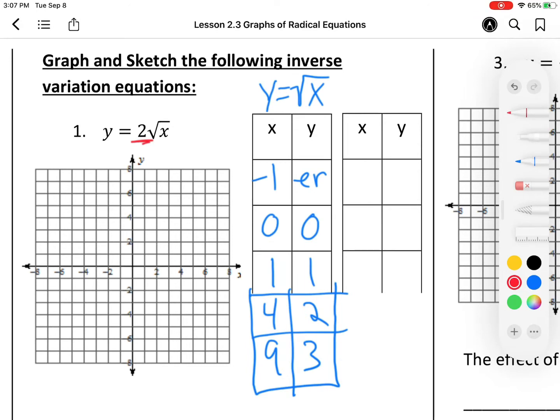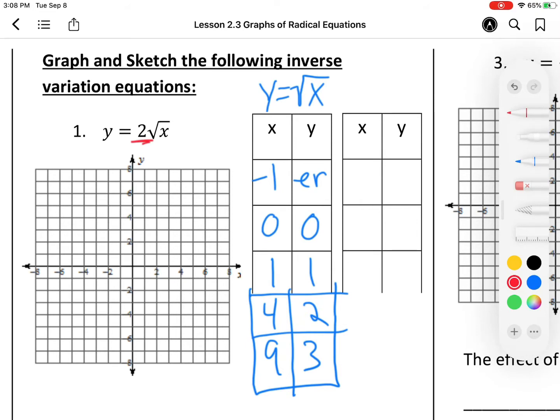Well, if we have a 2 on the outside, are we affecting the x's or the y's? Think about the saying from our transformation lesson from last unit. If we're on the inside, we're crossing our arms, kind of like we're mad at our parents. If we're on the outside, think about the YMCA little dance. We're on the outside, we're getting patted on the head. We're affecting the y's.